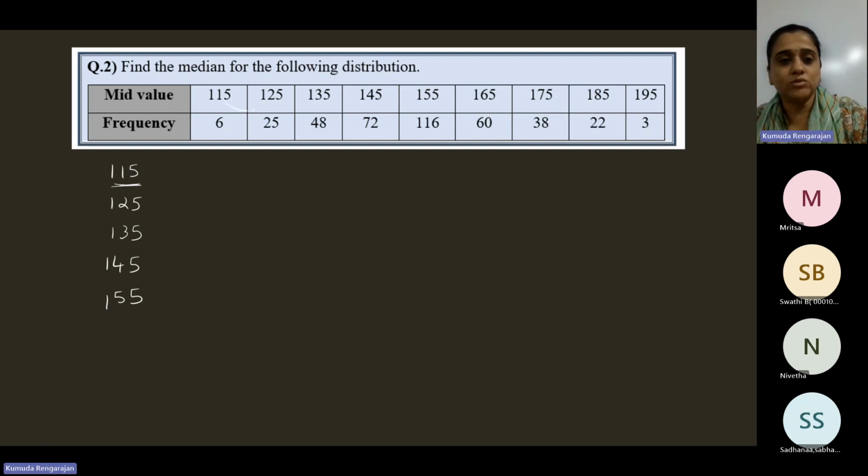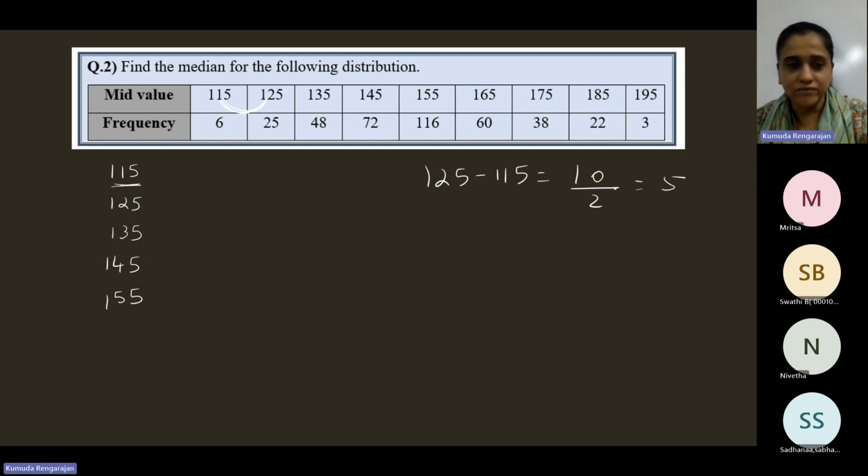You should take any two consecutive mid values. So 125 minus 115, the answer is 10. Divide by 2, so you get 5. Now come here: 115, subtract 5, 110. To 115 itself, add 5, 120.